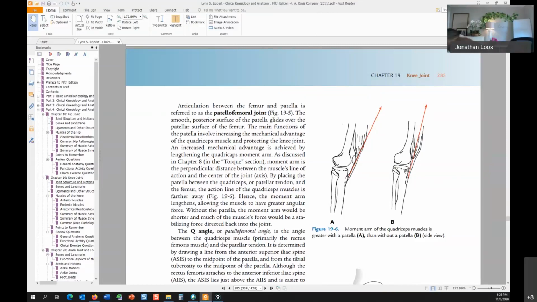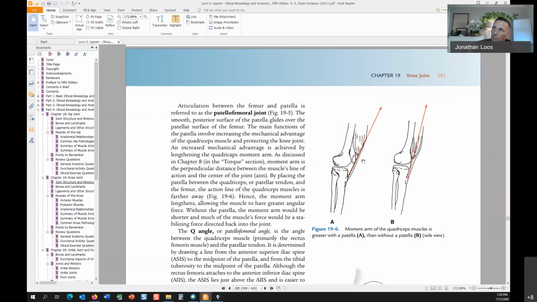Well, in the lower extremity, the same thing. If you look at the angle of pull, and you can see it on the screen here, image B is looking at, if you didn't have the patella there, that angle of pull would just be causing joint compression there and just pull straight up. And you would need something to get that motion started.